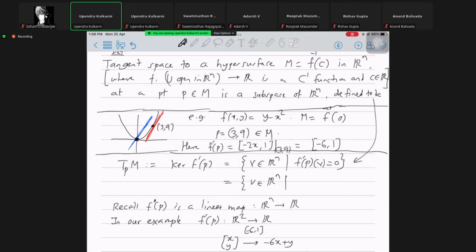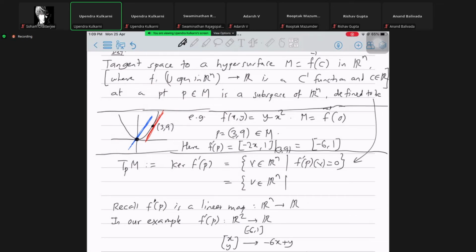Now, something to keep in mind is that if I give you this red line, and if I simply erase the curve and everything associated with it, and I say that this is the tangent space to something, will you be able to tell me what point of tangency it corresponds to? No. Just that shifted line itself will not tell you.